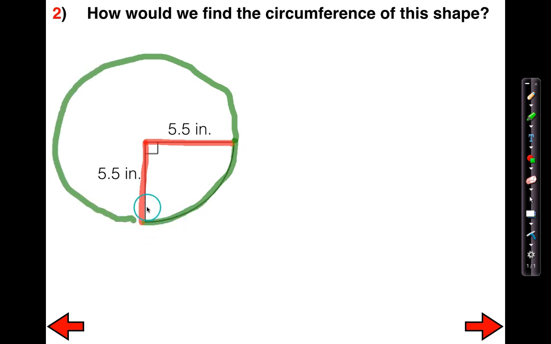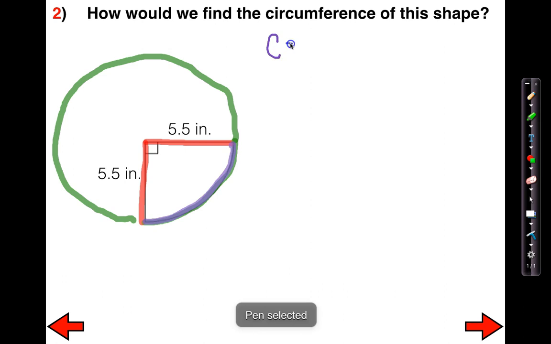Okay? Specifically, this here is just 1/4 of the entire circumference of this circle. So what we're going to do is just like before, we're going to find the circumference of the entire circle, but just to focus on this purple part, we're going to only take 1/4 of it. So let's do that.